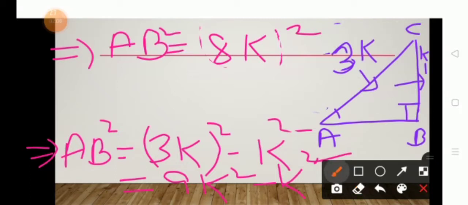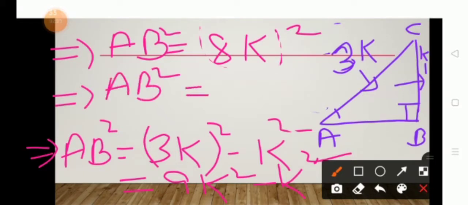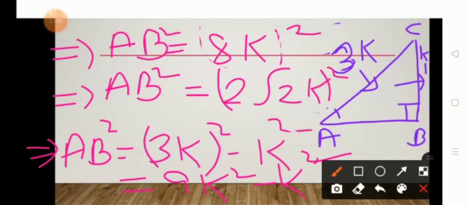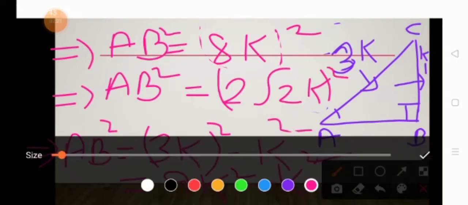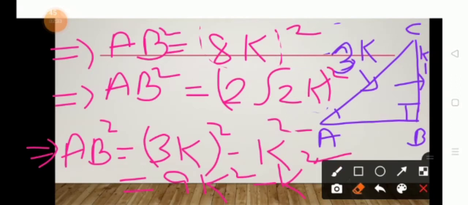So from here, you know what 8 means? If I write (2 root 2 K) whole squared, did you understand? Let me first rough this.